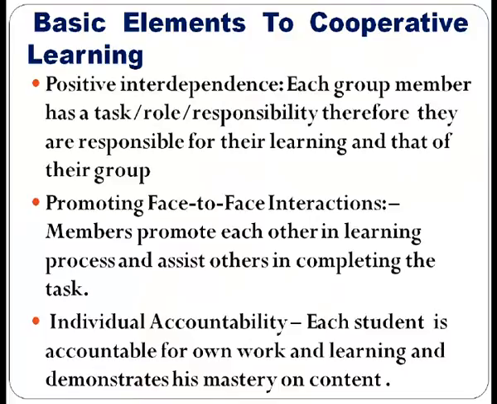And individual accountability: each student is accountable for their own work and learning and demonstrates mastery of content. Everybody has to make a presentation of what he has done in the group, and explain the mastery which he has achieved during the project.